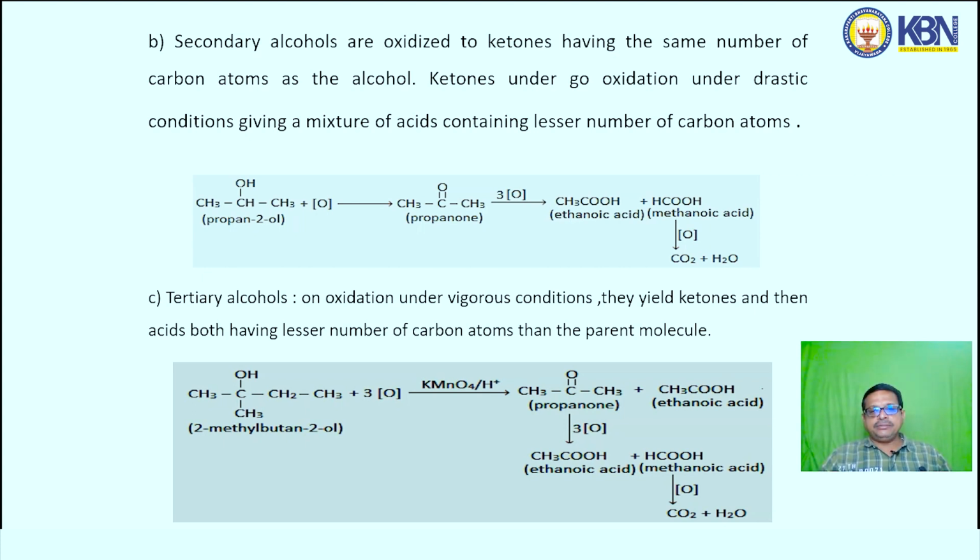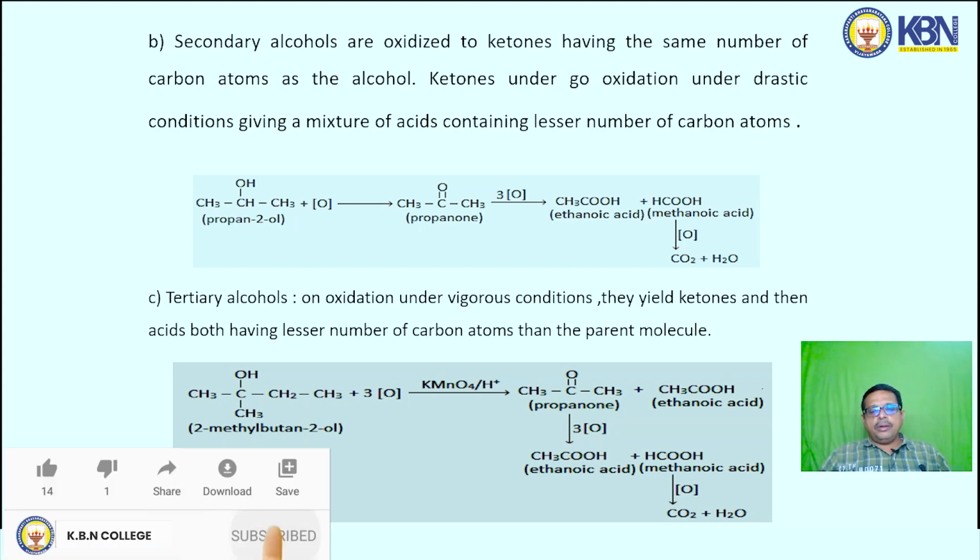The mixture of acids here is acetic acid and methanoic acid. So both have fewer carbon atoms when compared with the parent alcohol. After further oxidation, acetic acid or ethanoic acid and methanoic acid undergo further oxidation to produce carbon dioxide and water.